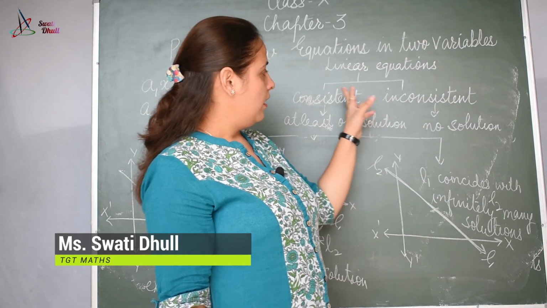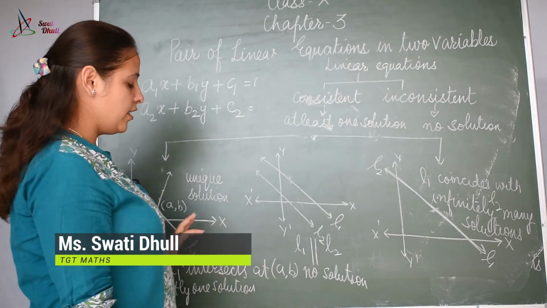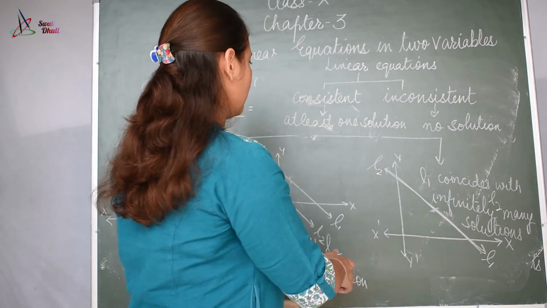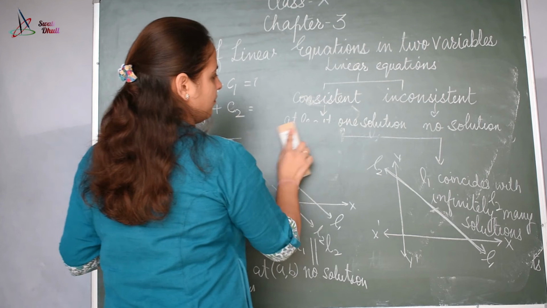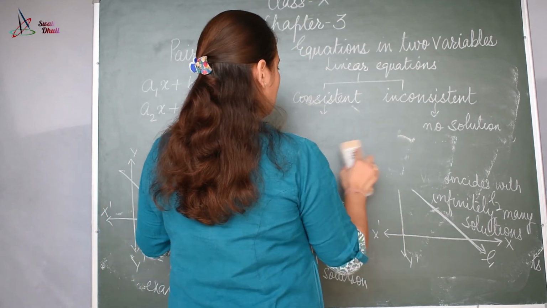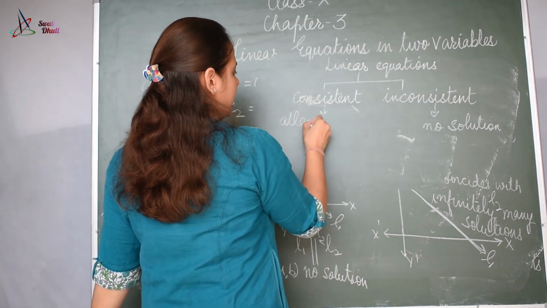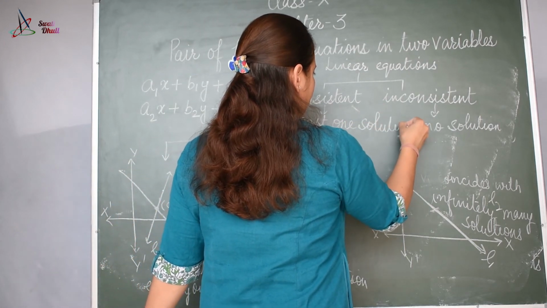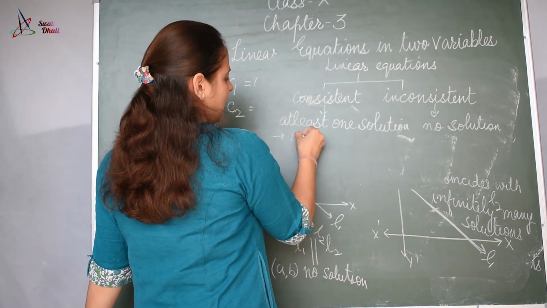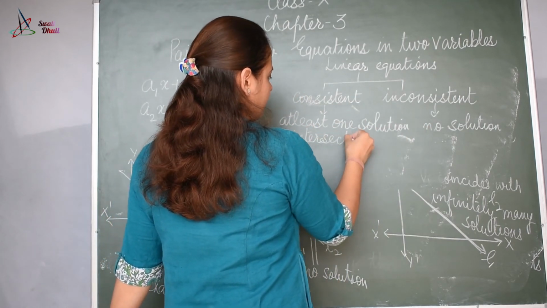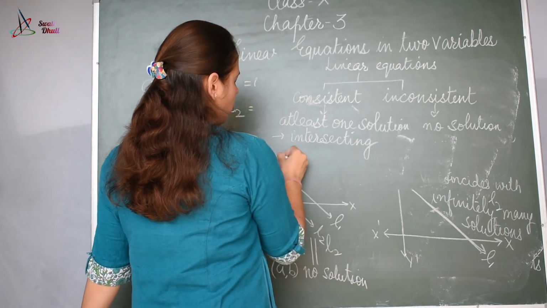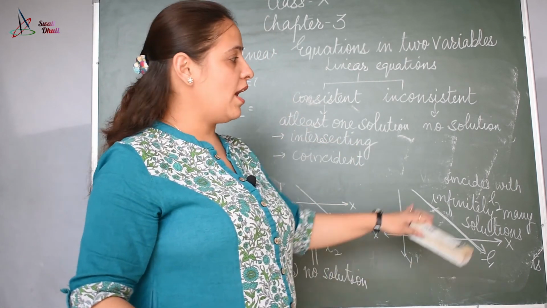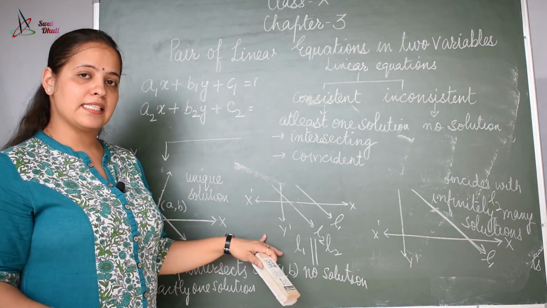So in case of consistent, at least one solution, either the lines are intersecting or the lines are coincident. And when you have no solution, the lines are parallel.